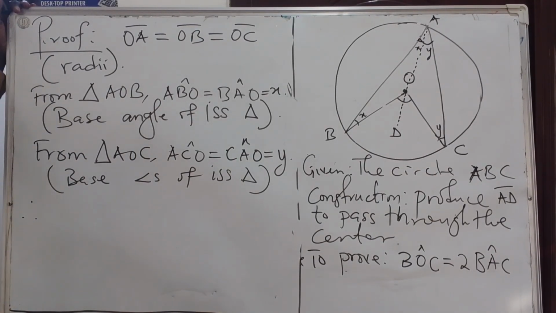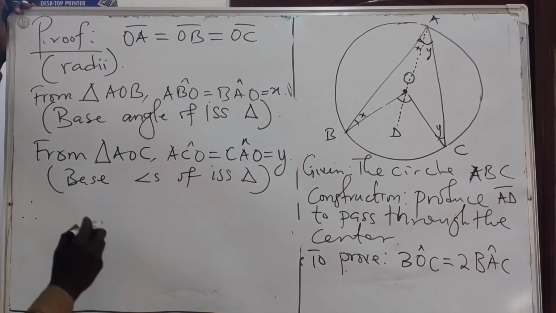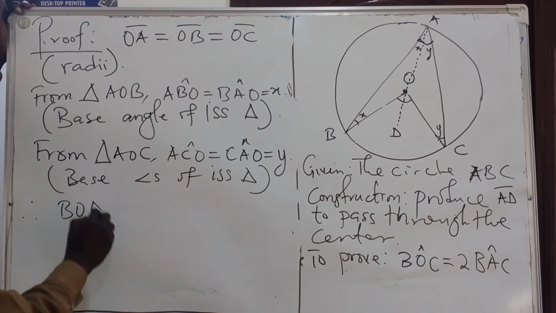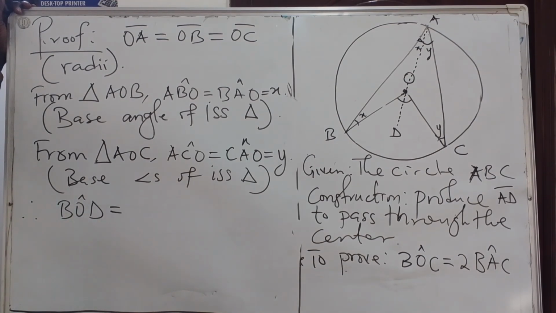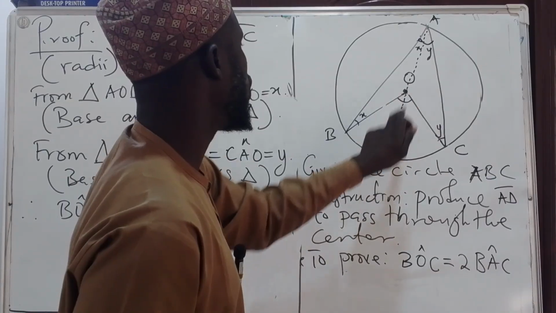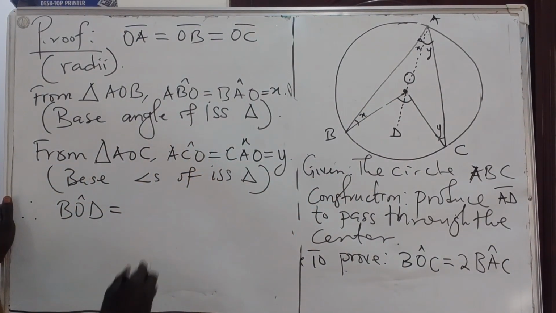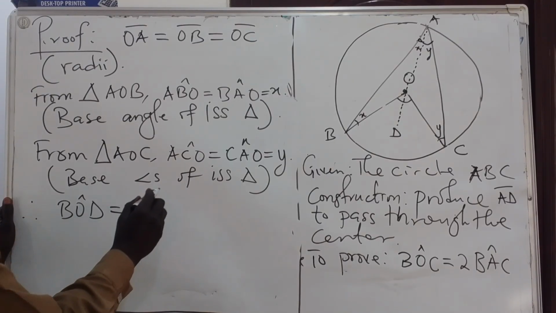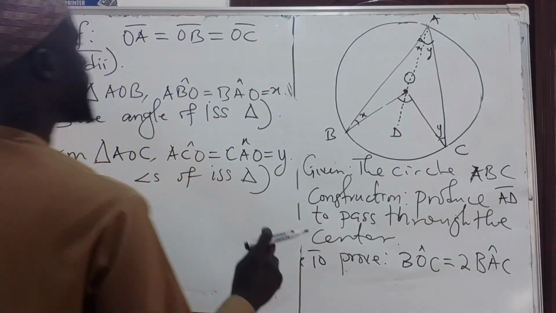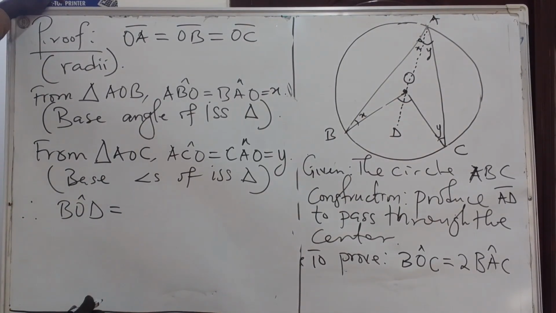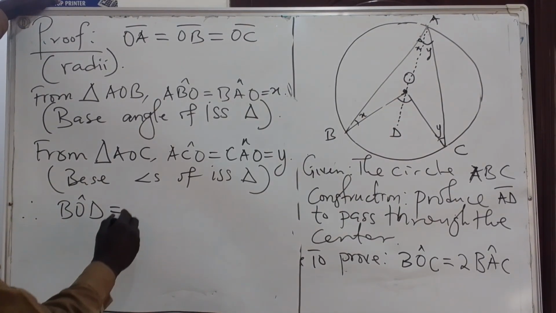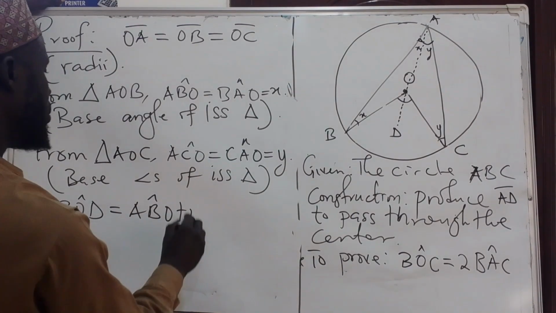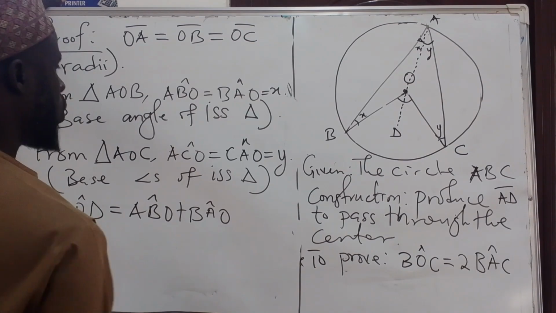Therefore, based on what we have here, angle BOD is equal to this angle plus this angle, that is, angle ABO plus angle BAO.